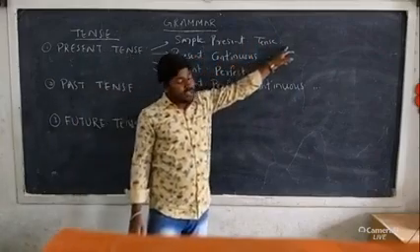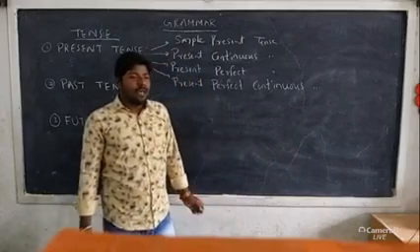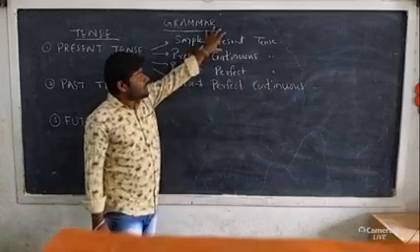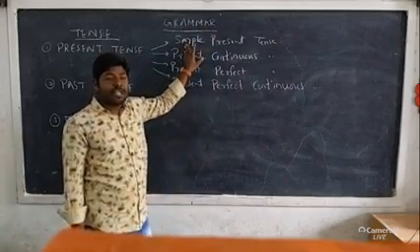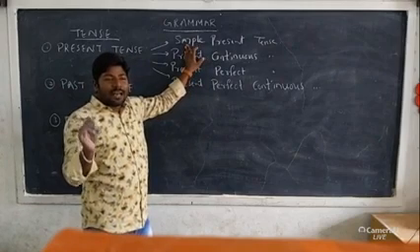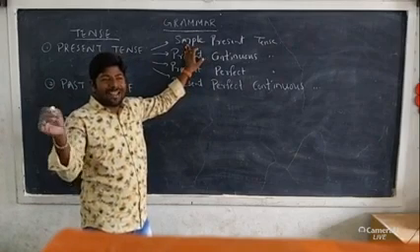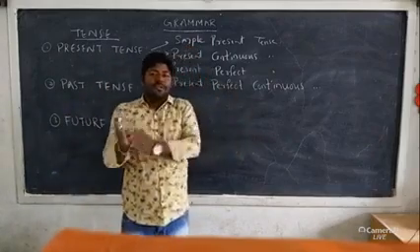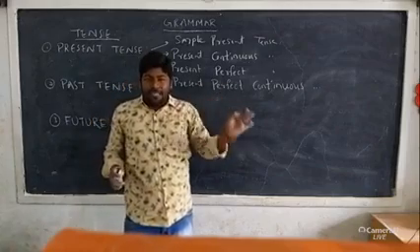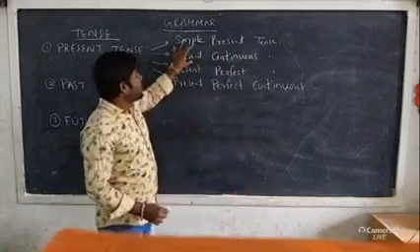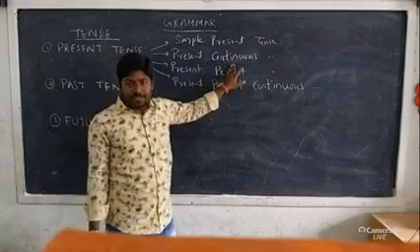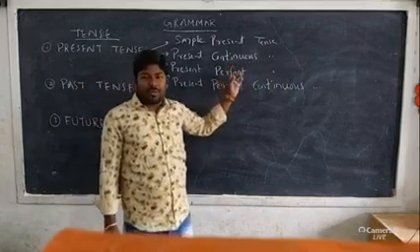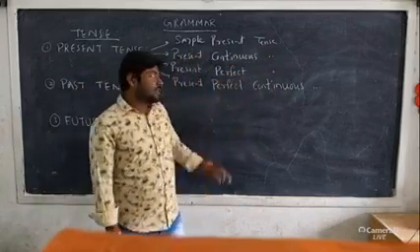Each tense has a structure. The structure for simple present is subject plus verb, present form V1, plus object. We use simple present tense to talk about regular activities and universal truths. Present continuous tense has the structure: subject plus am, is, are plus first verb in ing form plus object.